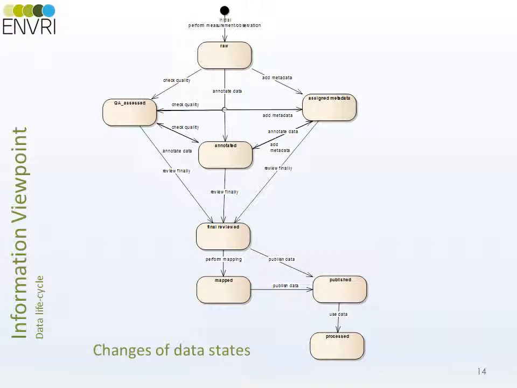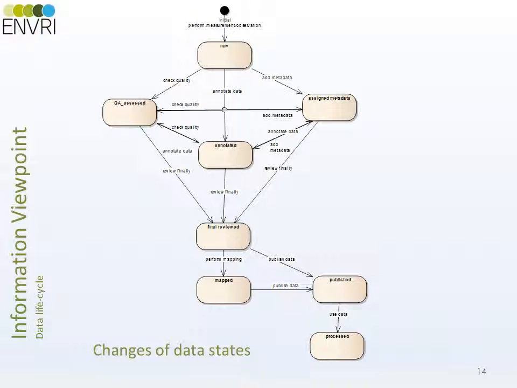The data are QA assessed when they have undergone checks and are connected with descriptions of the results of those checks. The data are metadata assigned when they are connected to metadata which describe those data. The data are finally reviewed when they have undergone a final review and therefore will not be changed anymore.